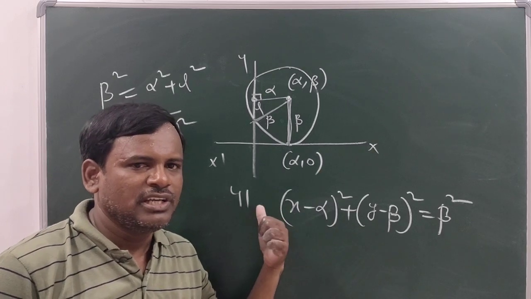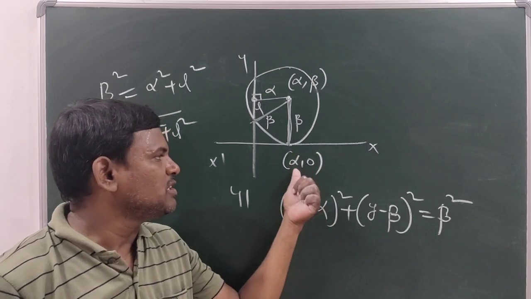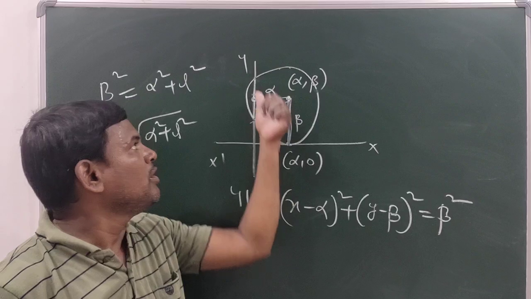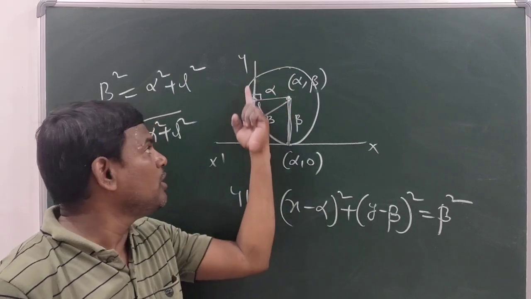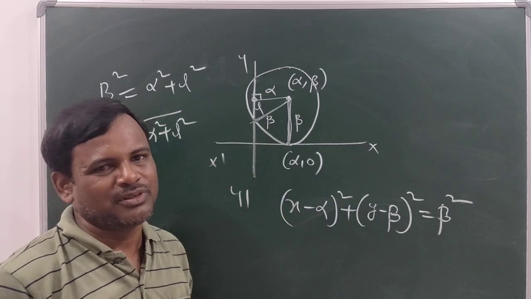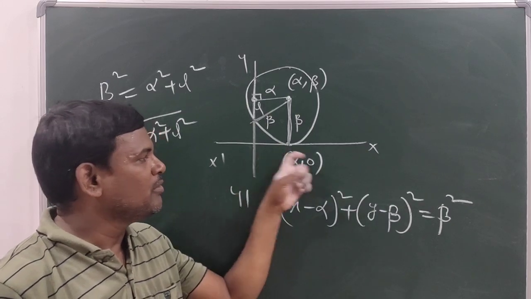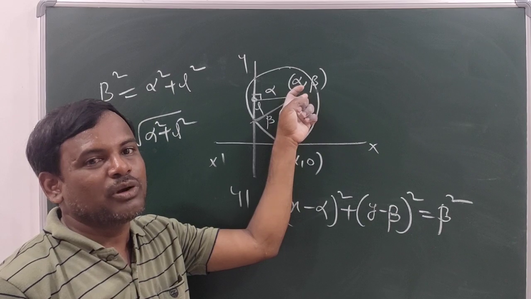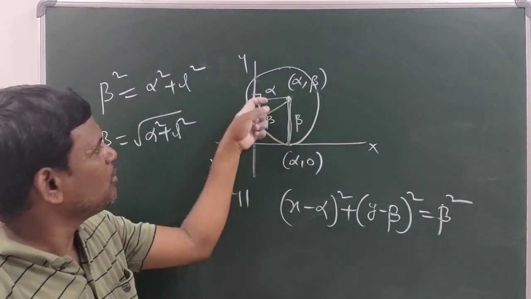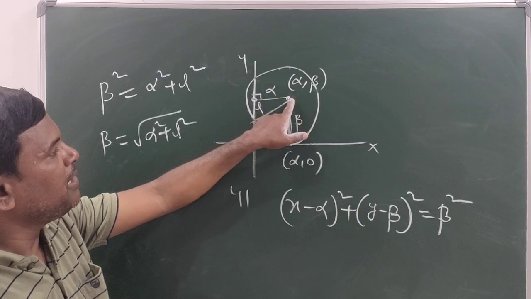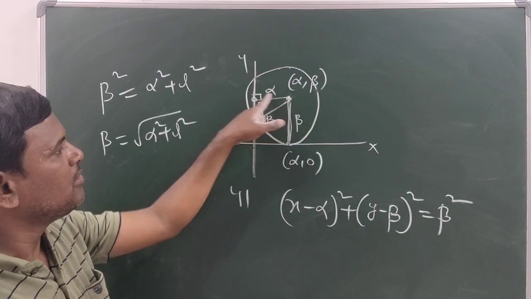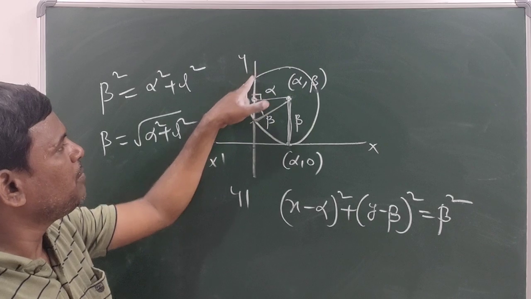What is this question? Equation of a circle which touches the x-axis at alpha comma 0 and makes 2l units as y-intercept. So here, what did I do? First I identified the x coordinate of the center, because this length equals this length. Alpha I wrote. I dropped a perpendicular from the center to this chord, which meets the midpoint of the chord.